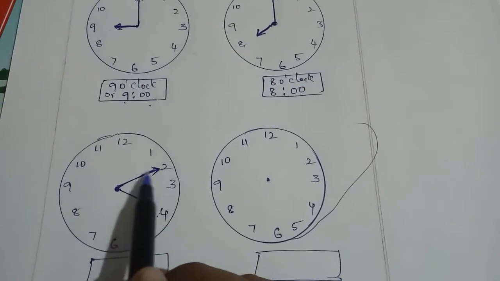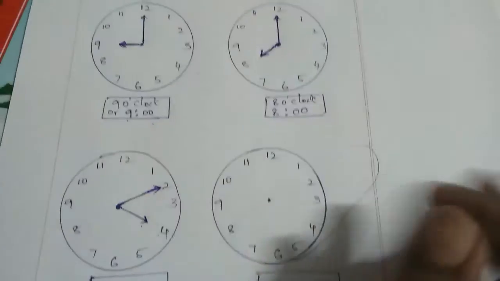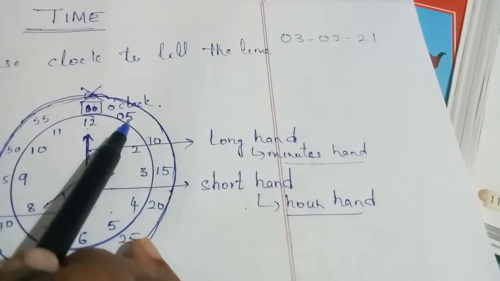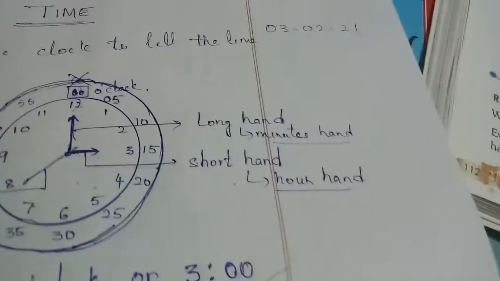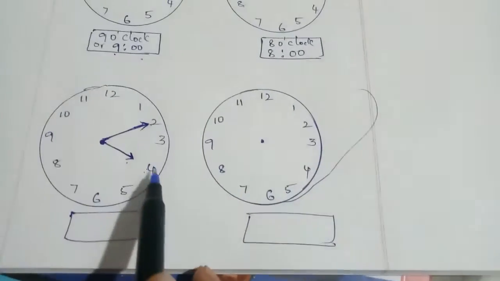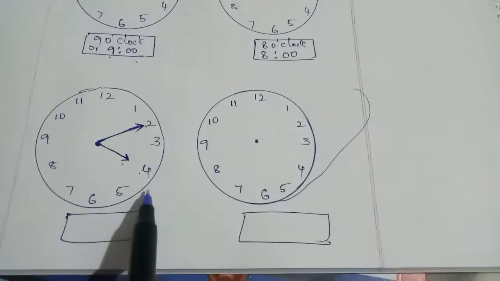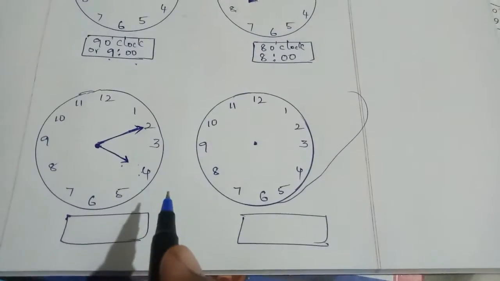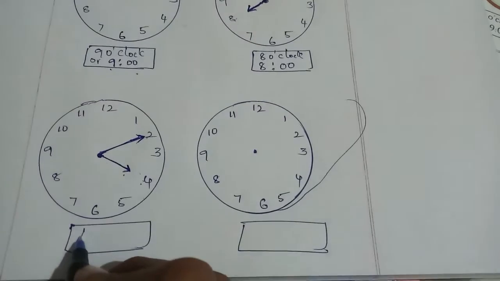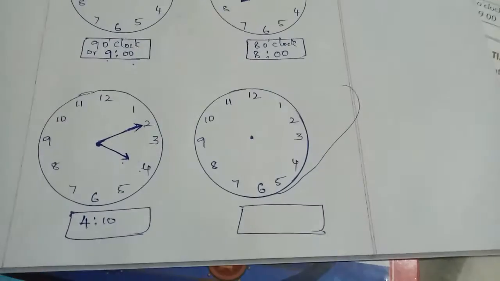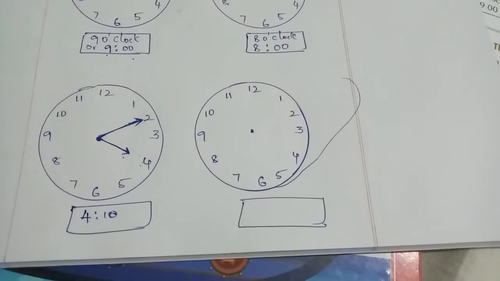4. Now if you look here, the long hand is at 2, 5 skips two times, 10, means 4:10. 4:10. What is the time now? 4:10. How will you write? 4:10 means 4:10.